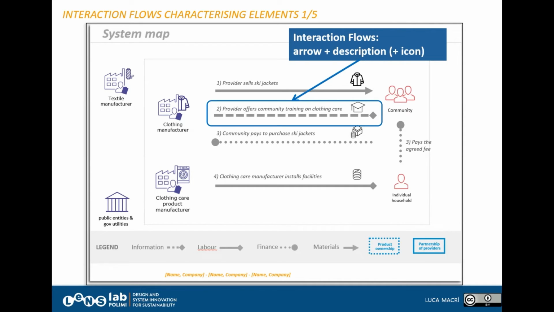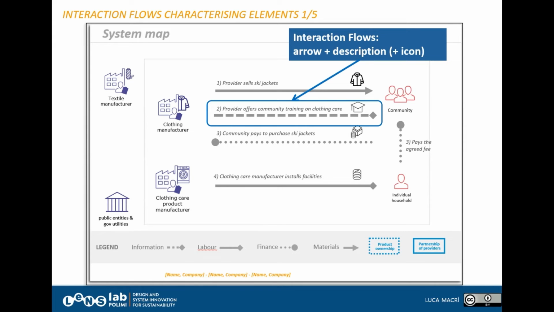You also see the difference in the arrows, because the flows mapped in the system map are different. It could be information, like the line inside the blue rectangle. It could be material. When we talk about products, for example, if the actor is providing the jacket, the arrow will be a traditional arrow, let's say, with plain color and the arrowhead at the end, and that means a material flow.